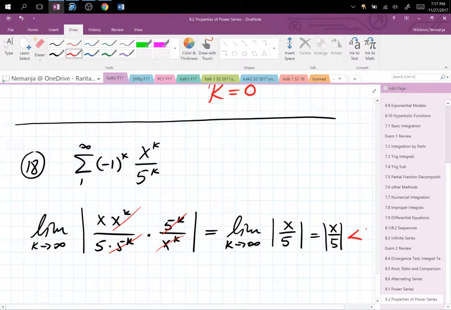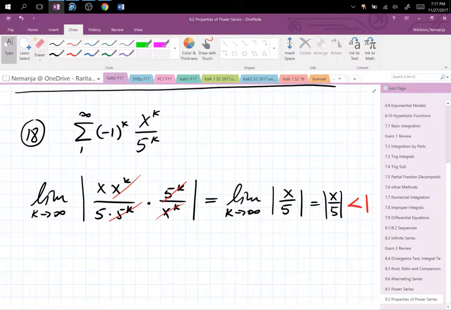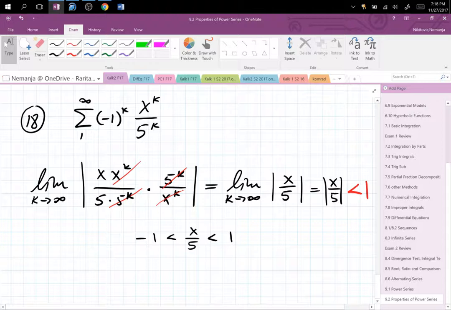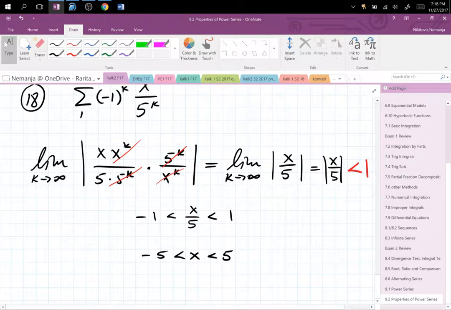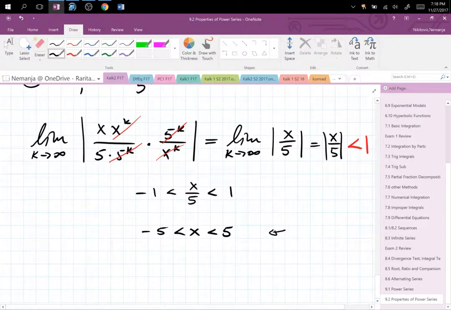We are setting this less than 1 because we demand convergence. Then we deal with the inequality that remains, multiplying by 5 everywhere, three-sided. So negative 5 less than x less than 5. Perfect. So that's our interval of convergence, and R is 5.